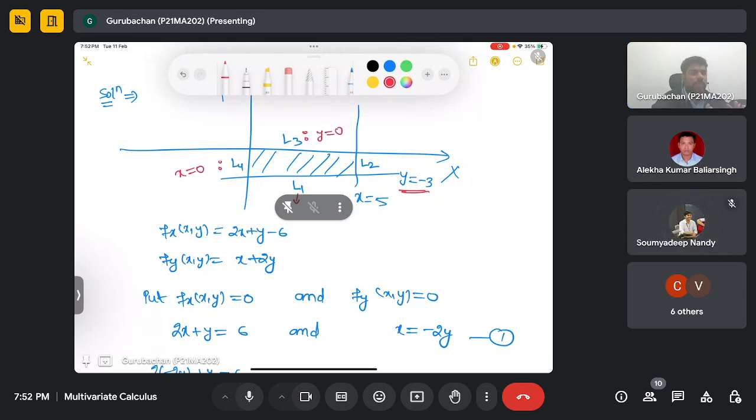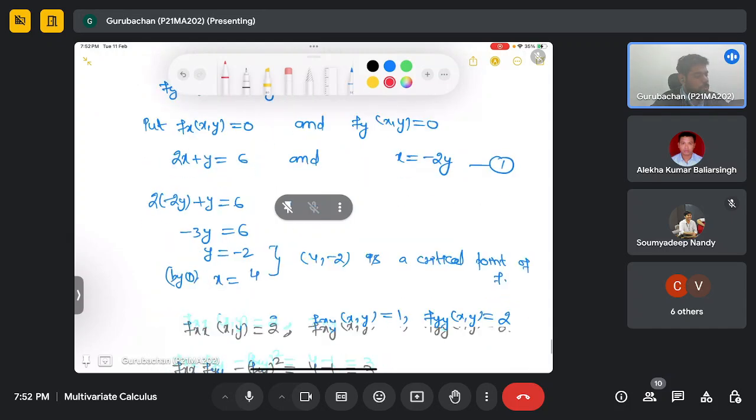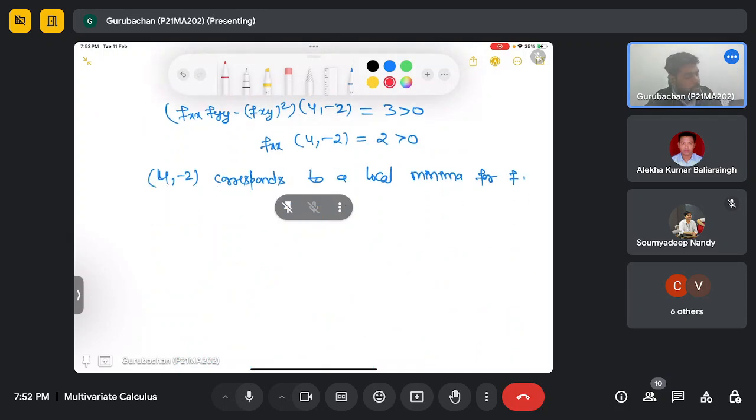Okay. So we are well aware about the equation and we need to see whether the function on this boundary corresponds to some critical point or some relative maxima or minima. So to calculate that, first case is L1. As someone told, L1 is y equal to minus 3. So we will put y equal to minus 3 in our given function.